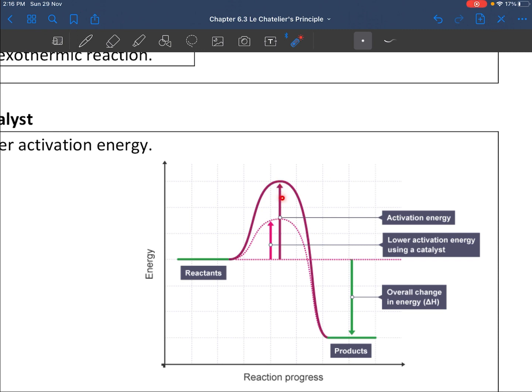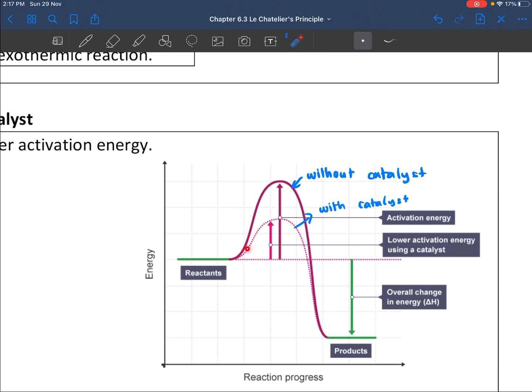Okay, so as you can see, activation energy yang ni lagi besar compared to this one. Okay, so ini without catalyst, and this one adalah with catalyst. Okay, so as you can see, kalau without catalyst, dari reaktan nak menghasilkan produk, dia kena ada energi yang sangat tinggi. Okay, so kiranya reaktan ni kena ada energi yang banyak baru boleh naik atas ni, and then baru boleh hasilkan produk. Tapi kalau kita guna catalyst, kan tadi catalyst kata speed up a chemical reaction by providing alternative pathway kan.